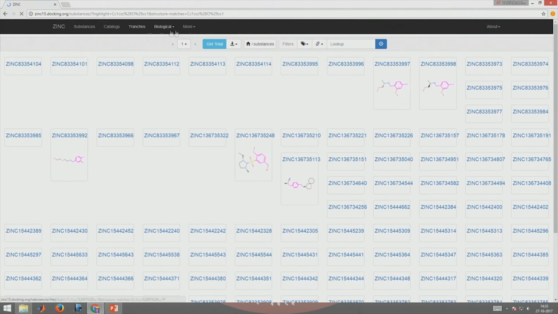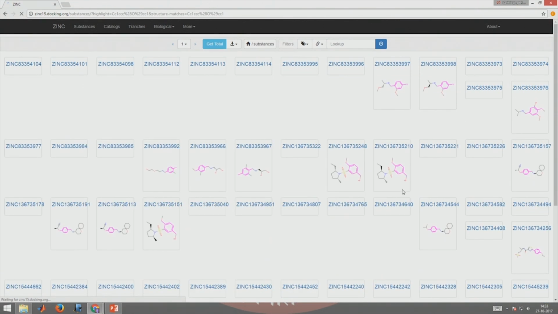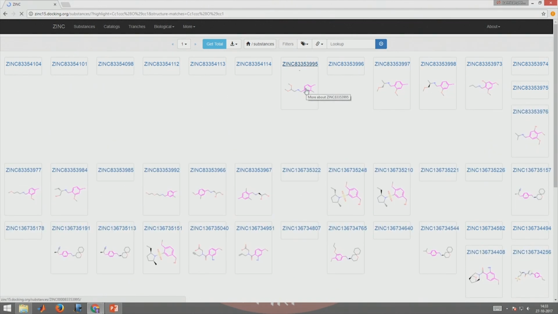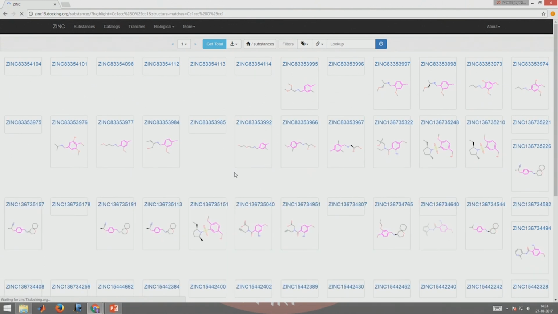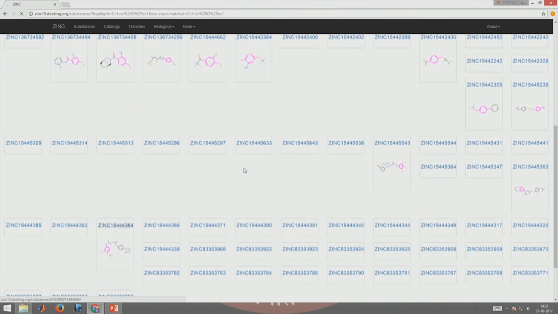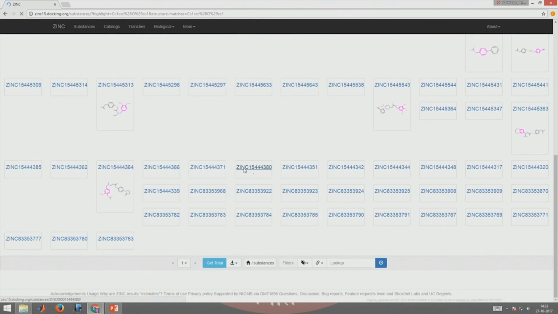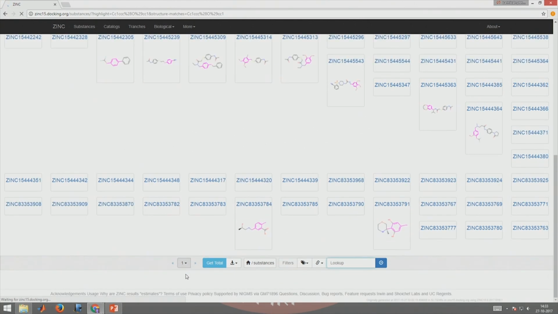Oh, look at this, it's found so many molecules in the database which have this particular substructure. As you can see, this benzene ring with the O, that is what I wanted, right. So it's found a huge number of molecules with this particular substructure, okay.